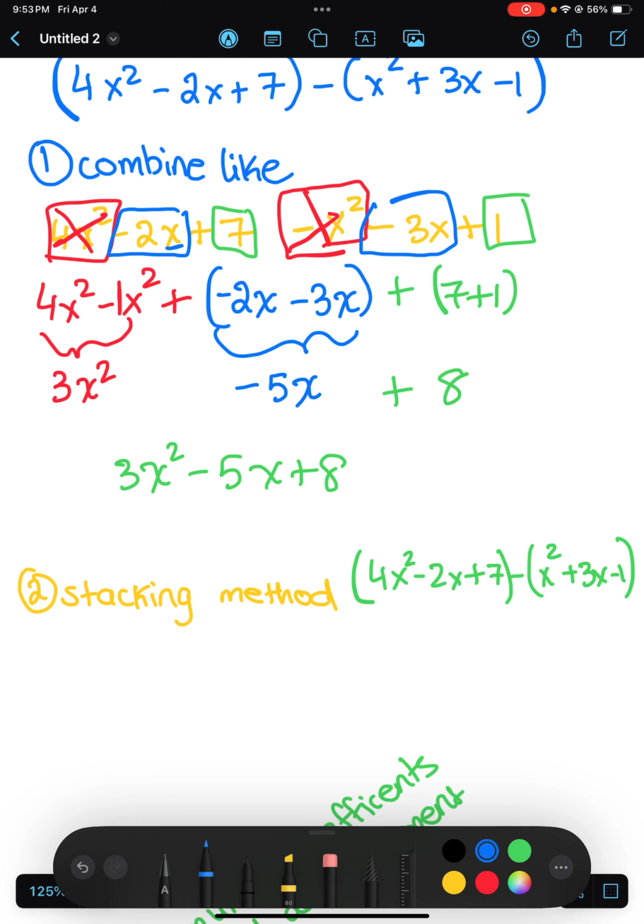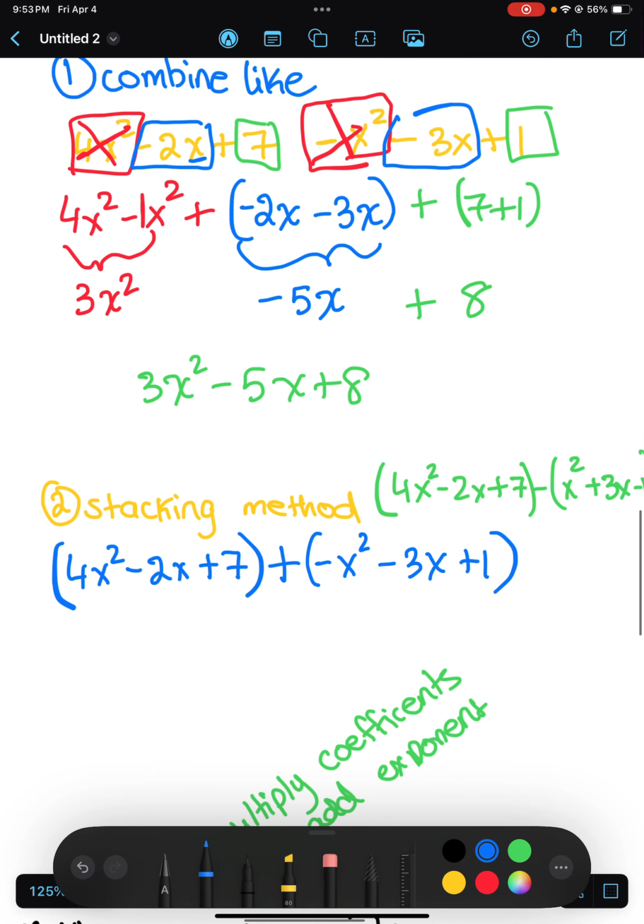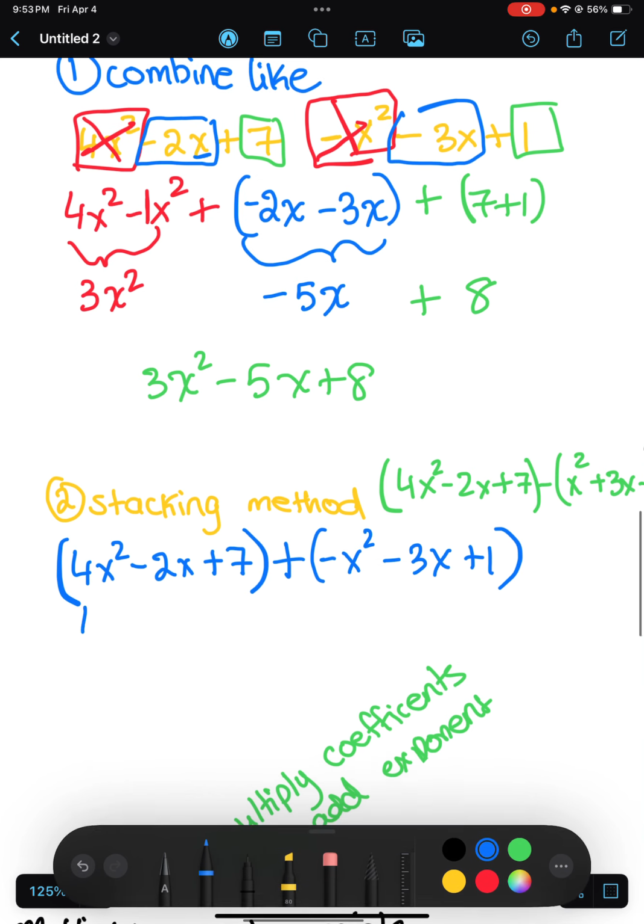So you could have done 4x to the power of 2 minus 2x plus 7 plus, and then you change the signs of everything that's within your second bracket. So -x squared minus 3x plus 1. Okay, then we can do the stacking method. Make sure everything is aligned.